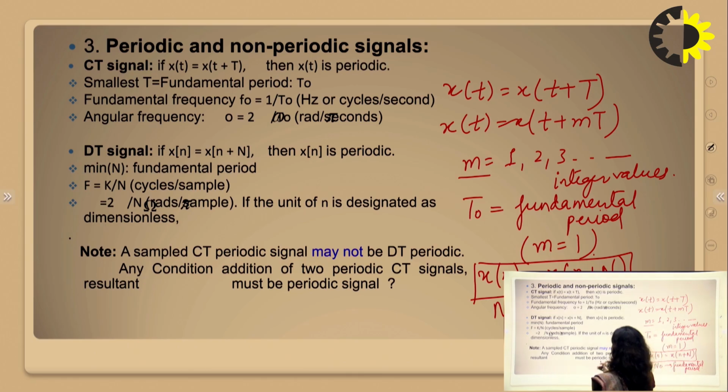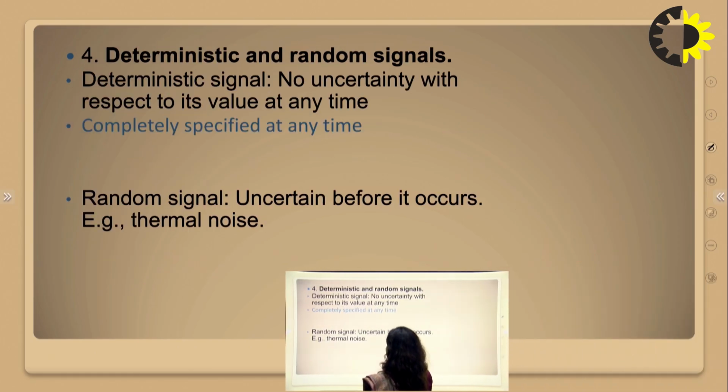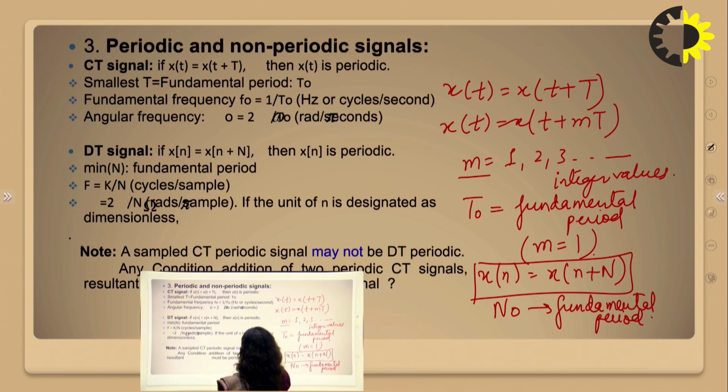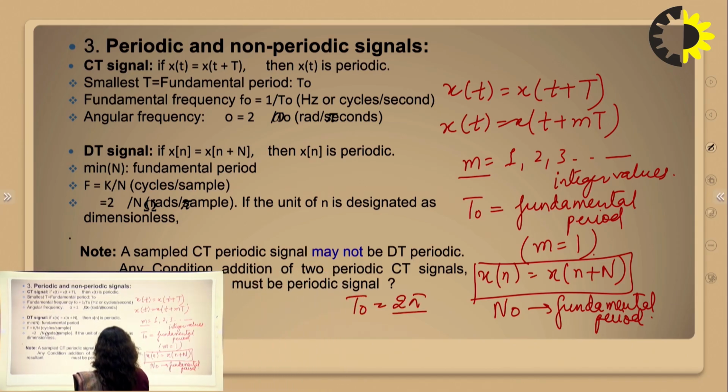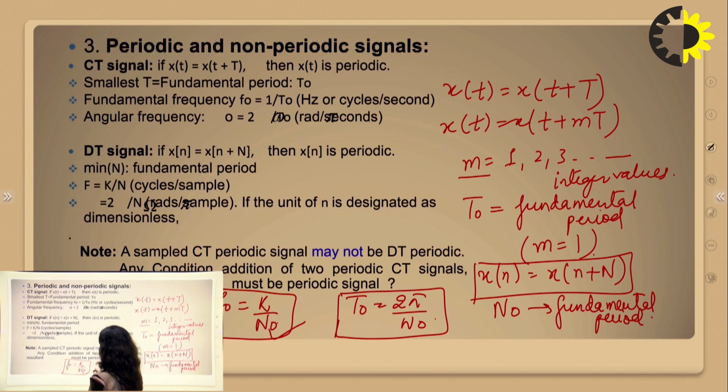We can find T naught as, you can see in the earlier slide, 2 pi by omega naught. Similarly, we can find N naught. For N naught, we first have to find f naught, which is k by N naught. With the help of this formula, you can find the value of N naught, where k is an integer value.